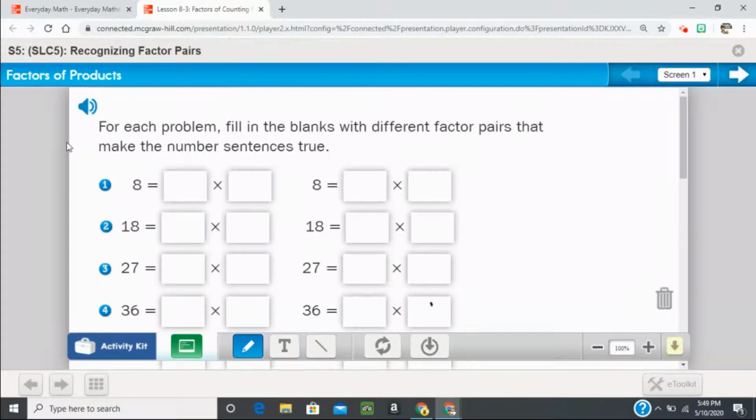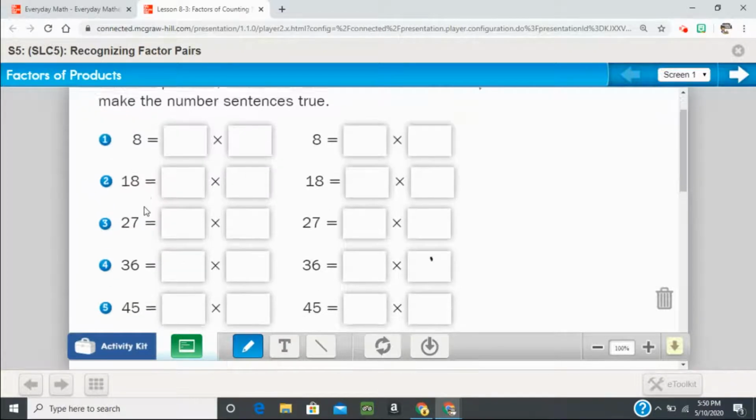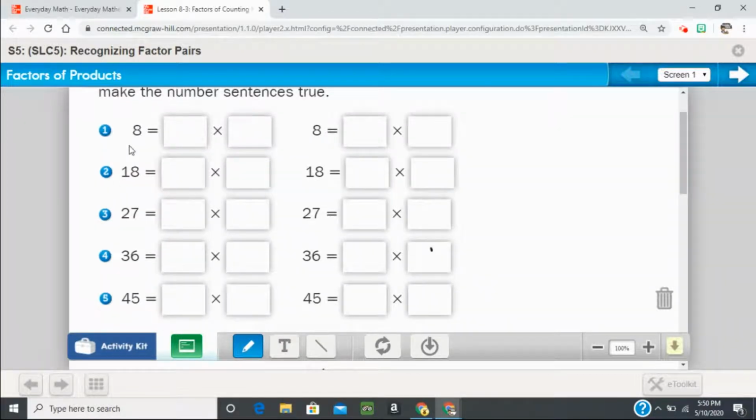So on this next section, we're looking for each problem, and we're filling in the blank with different factor pairs that make the sentence true. We know that factors of any number can be multiplied times 1 to make itself. So for number 1, I'm going to start off with 8 times 1 equals 8.